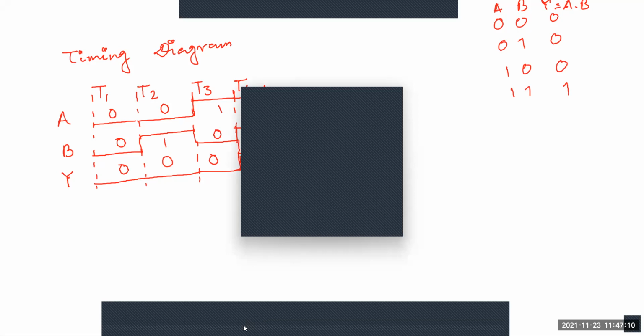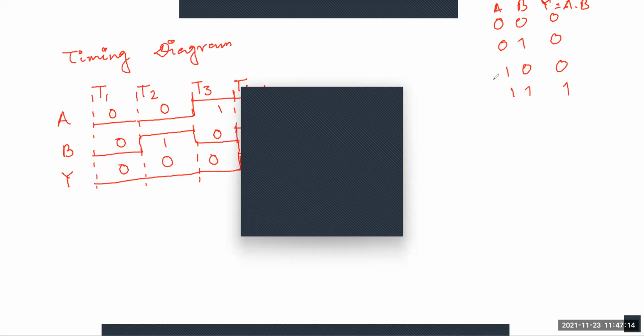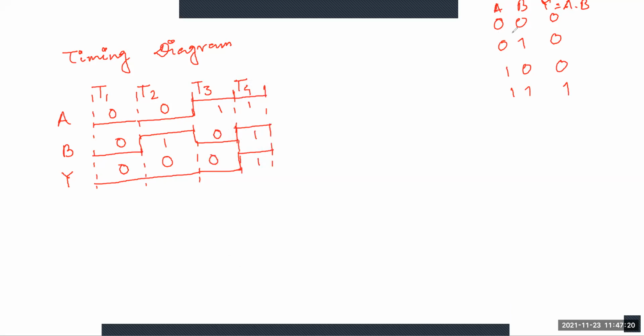Yes, sir. We cannot implement these 4 combinations at the same time. Whenever we are implementing 0 0 at a time, we cannot implement 0 1, 1 0, 1 1 at the same time.